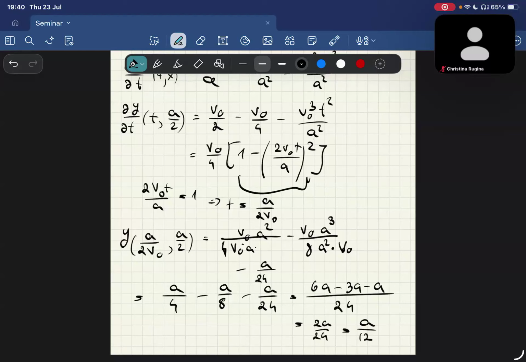Okay, so we finally arrived at the maximum amplitude of the wave on the string. So by starting with something very general, the general wave function and the general solution of the wave equation, we imposed some boundary conditions and also some initial values.